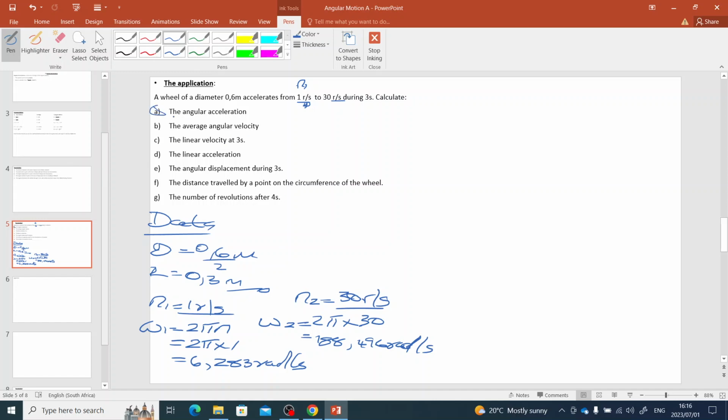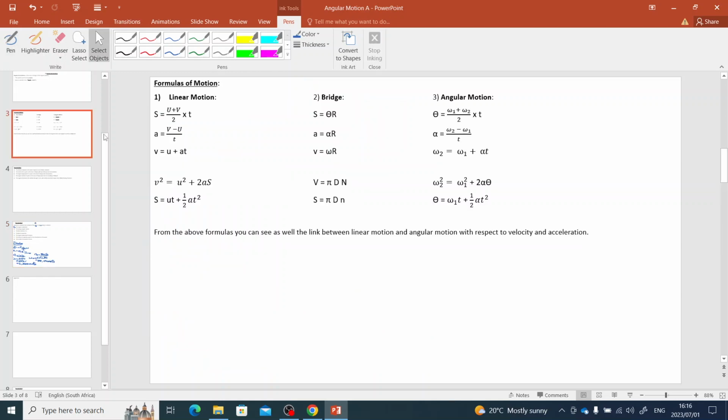Question A, they want us to calculate the angular acceleration. Now, based on this given information, we must then look for the suitable formula that suits our given information.